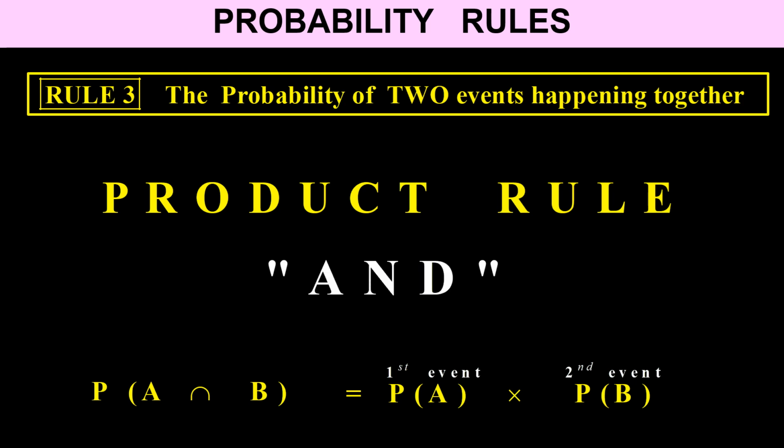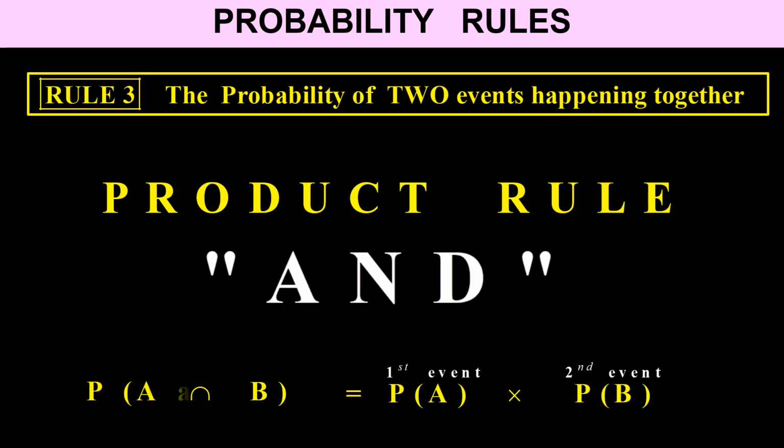What is essential here is the term "and" that we use, A and B, which can also be denoted as intersection. It's important to note here that events A and B have to be independent. We will talk more about independent events a bit later.